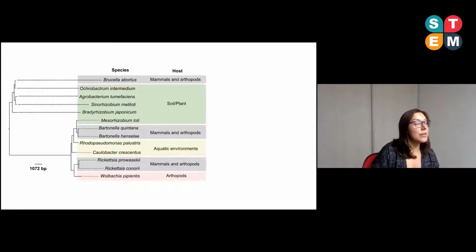In this group, you can see that Brucella shares similarities with soil and plant bacteria that have a very big genome, like Agrobacterium or Mesorhizobium, but it is also close to bacteria that have a very small genome, like Bartonella and Rickettsia, organisms that are exclusively intracellular bacteria.